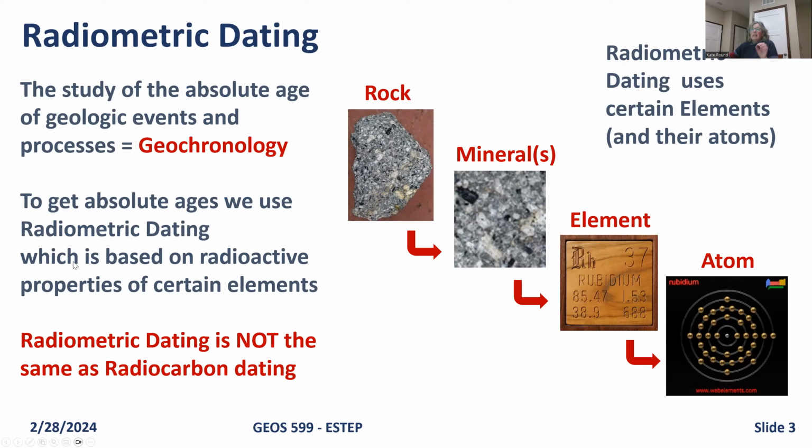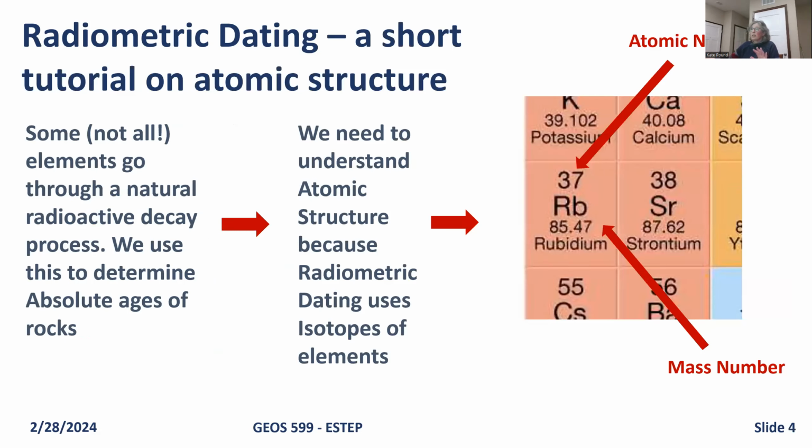Radiometric dating is based on the radioactive properties of certain elements. And one thing I want you to note here is that radiometric dating is not the same as radiocarbon dating. We'll look at that later. So, if we're going to investigate how we get these absolute ages, we need to remind ourselves or learn a little bit about atoms.